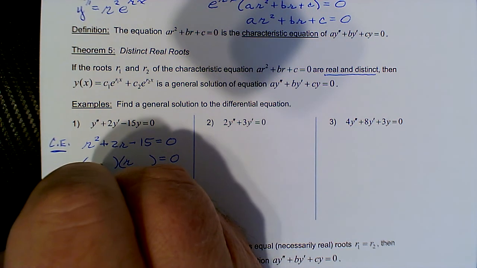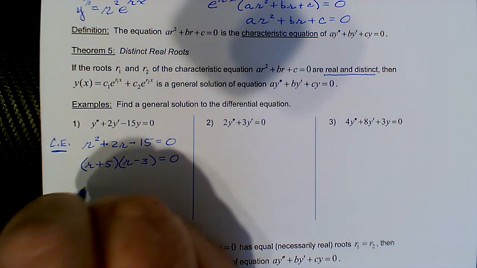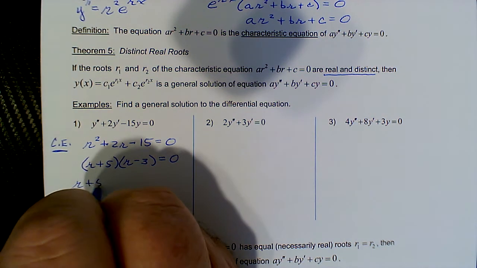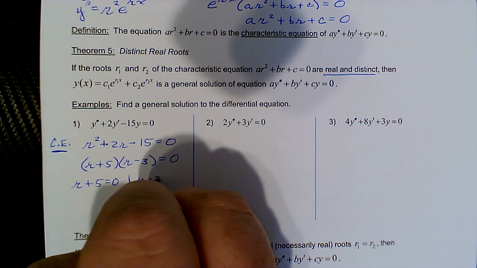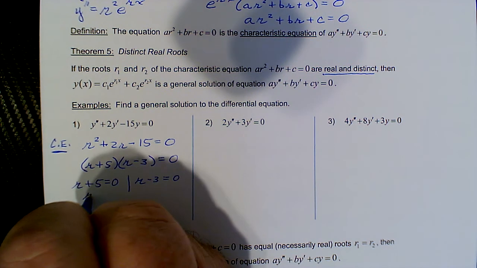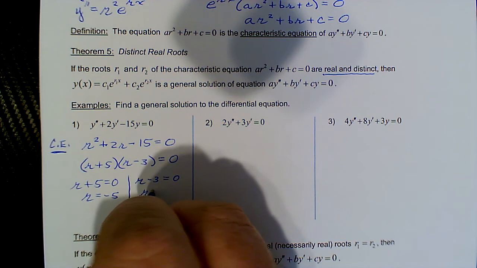Doesn't matter what order. Looks like if I put a plus 5 and a minus 3, it'll work. Set each factor to 0. So r plus 5 is 0, r minus 3 is 0, so r is negative 5 and r is 3.